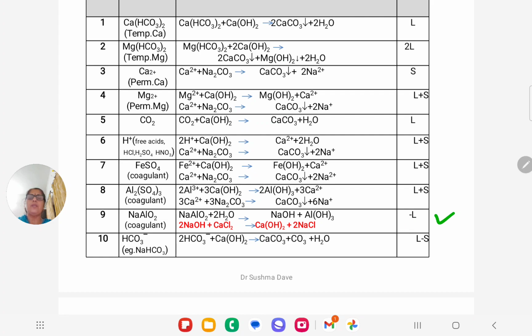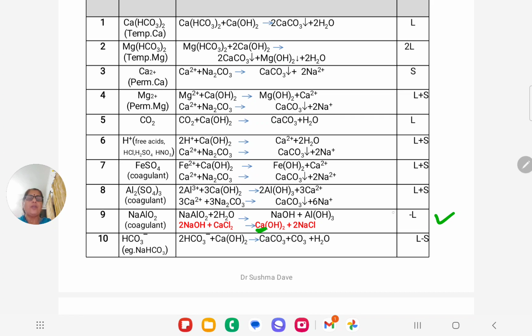Because when sodium aluminate is dissolved in water, then it produces NaOH and aluminium hydroxide. Aluminium hydroxide is gelatinous in nature and it traps the colloidal impurities, but the sodium hydroxide generated reacts with permanent calcium or permanent magnesium hardness to convert them into lime. So this is lime formation.